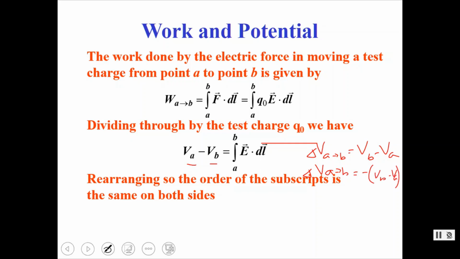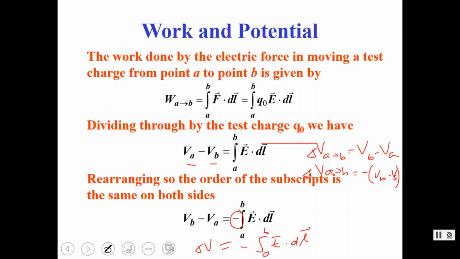So if I add a negative into this, that'll take care of it. I add that negative over here so that the left side says delta V, and then it's the negative integral of E dot dl or ds or whatever differential you have.